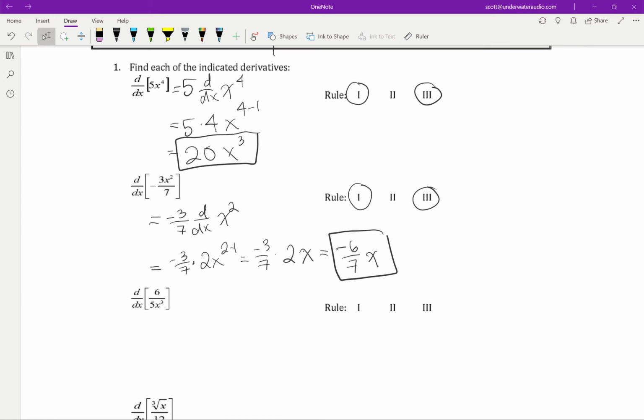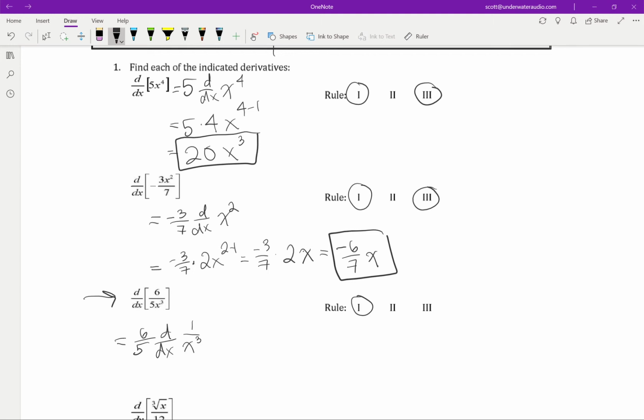Okay, so to do the derivative of this one right here, I'm going to, like before, pull out the constants that I can pull out: 6/5 times the derivative of 1 over x cubed.